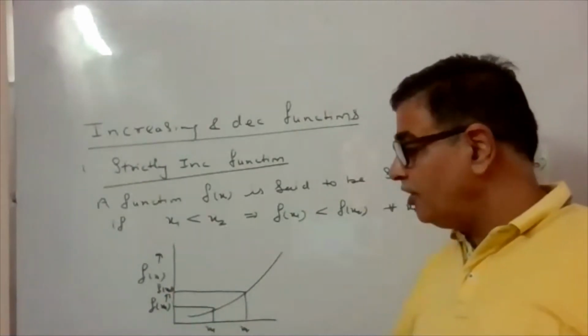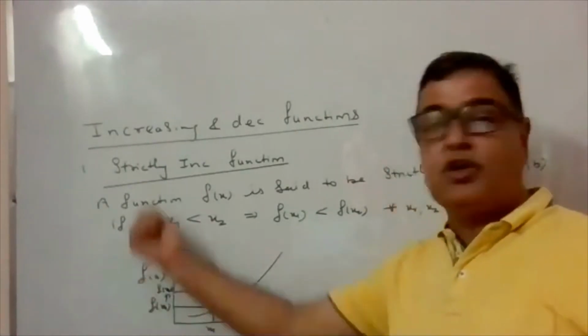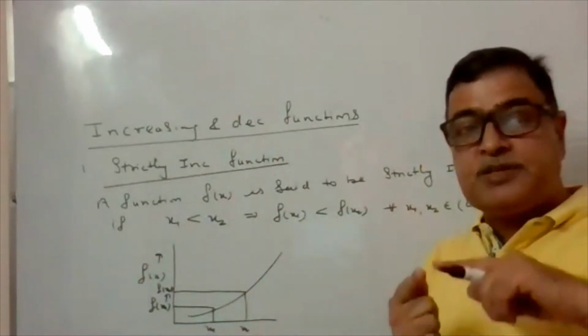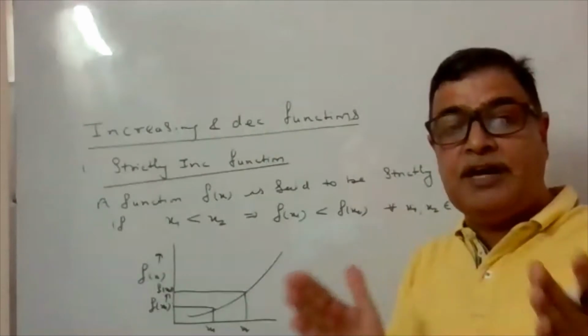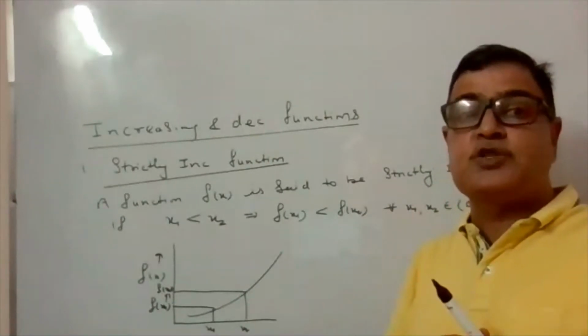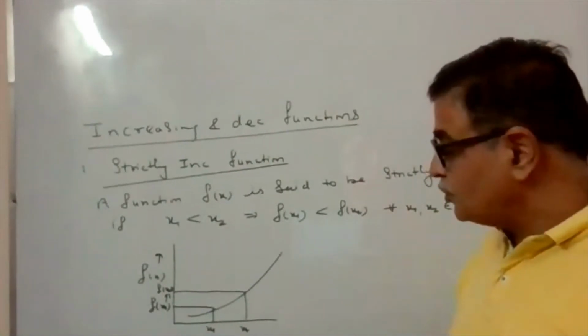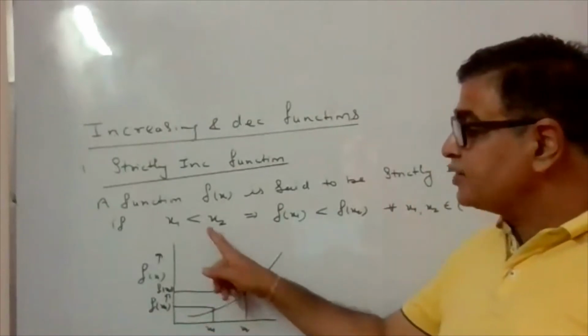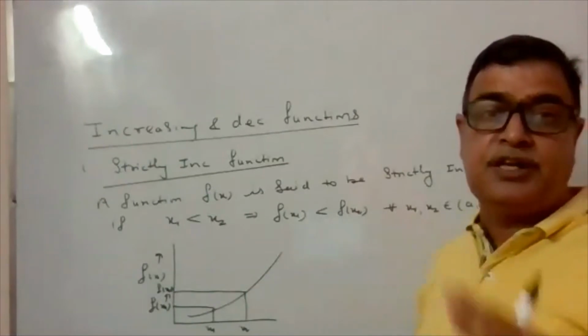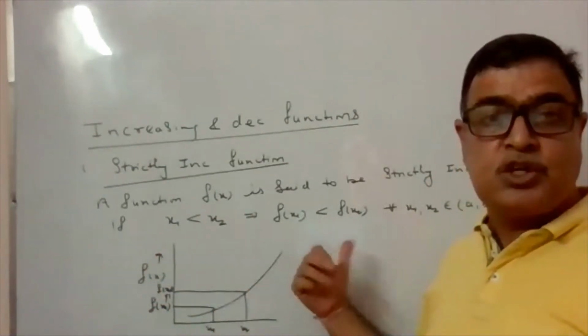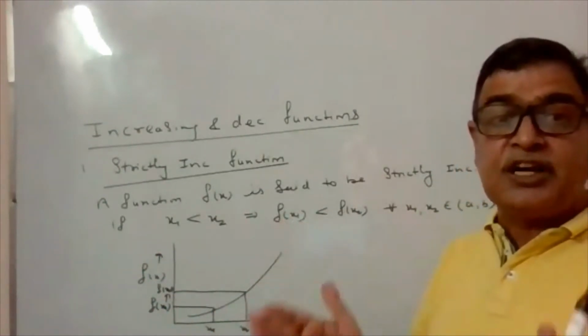When you are increasing x, at the same time your f(x) should increase. Means by increasing one, the second also increases, or you put the value of x more, your function is going to be more. So if x2 is bigger than x1, at the same time f(x2) is also coming greater than f(x1). And if this condition holds, we will say function is strictly increasing.